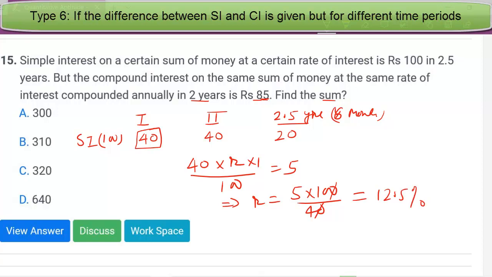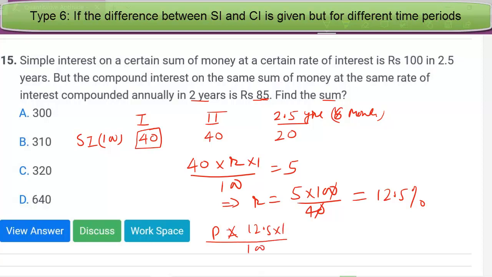So now you can calculate what the sum is. Whatever is the sum which at the rate of 12.5% is giving you this 40. So that means P multiplied by 12.5 into a period of 1 year divided by 100 is giving me rupees 40.